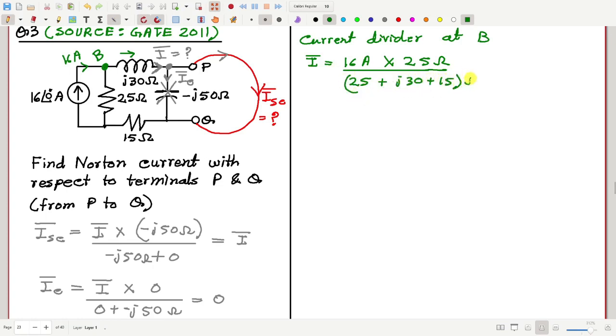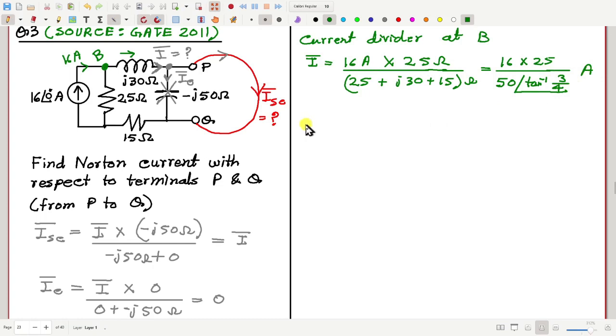So if you simplify, 16 into 25, and the denominator will be 40 plus J30, that means basically 50 with an angle tan inverse 30 by 40, 3 by 4. This is in ampere.